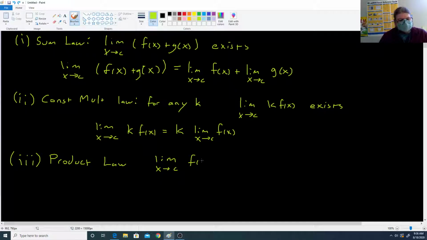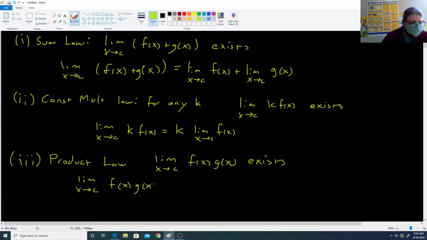And the limit as x approaches c of f of x times g of x equals the product of the two limits. So it equals the limit as x approaches c of f of x multiplied by the limit as x approaches c of g of x.